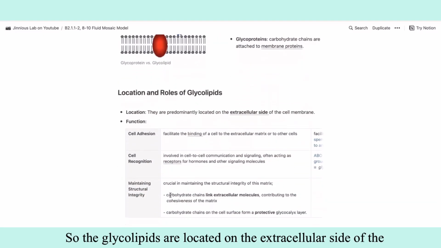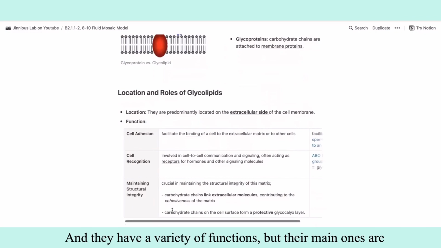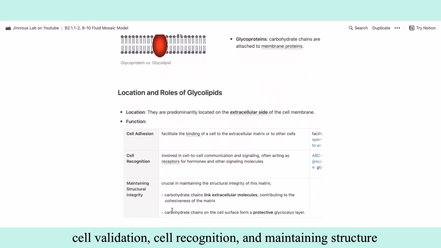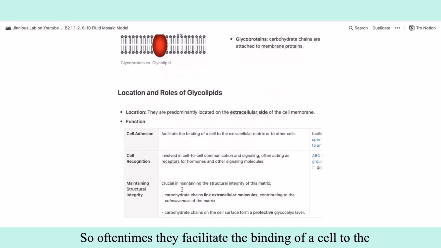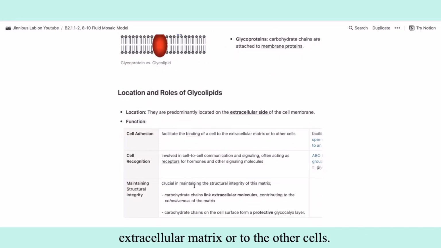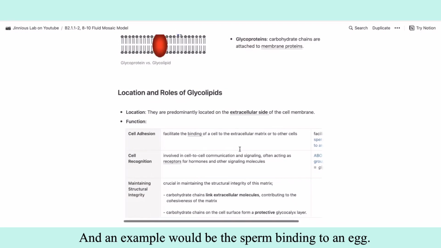Glycolipids are located on the extracellular side of the cell membrane, and they have a variety of functions, but their main ones are cell adhesion, cell recognition, and maintaining structural integrity. Oftentimes they facilitate the binding of a cell to the extracellular matrix or to other cells. An example would be a sperm binding to an egg.